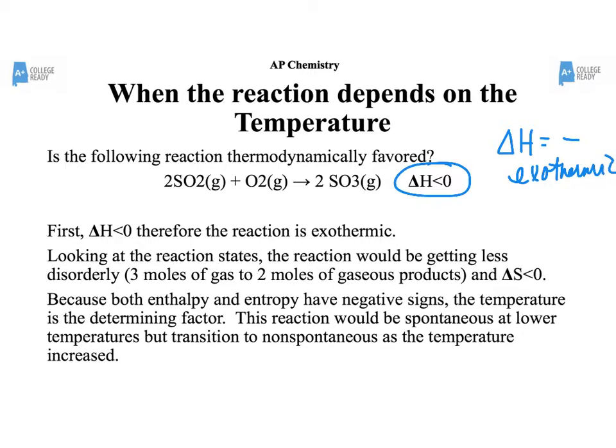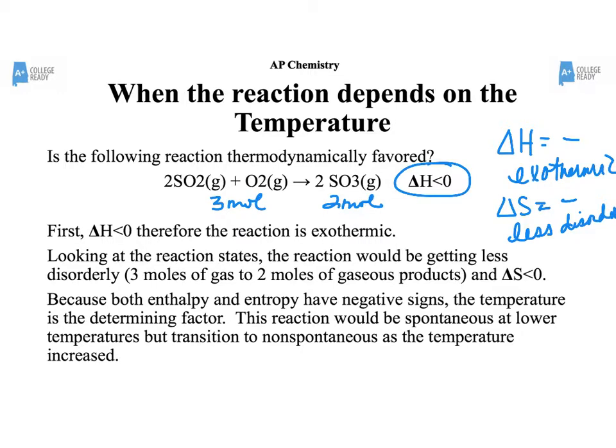All right, now what about delta S? When we look at this reaction, we have gas, gas, gas, so we can't really use states. So let's look at the moles. We have 3 moles of gas going to 2 moles of gas. Is that getting more disorderly or less disorderly? That's actually getting less disorderly, which means delta S is negative.